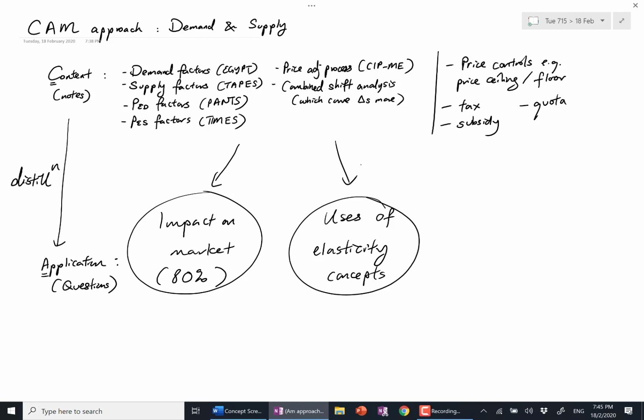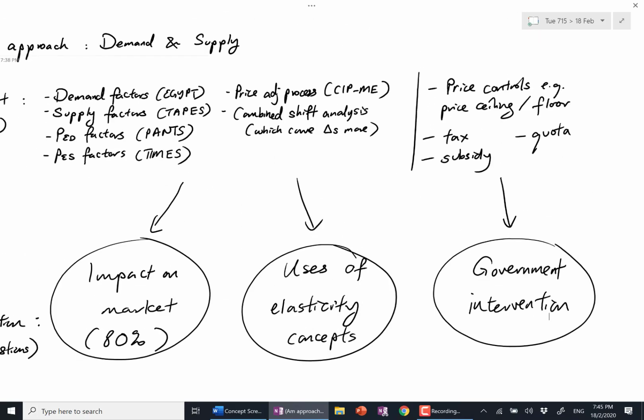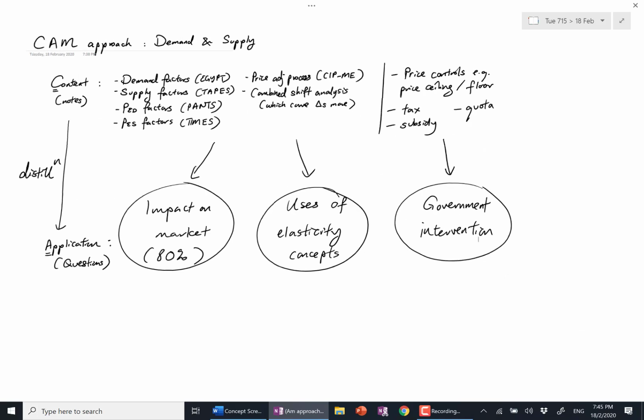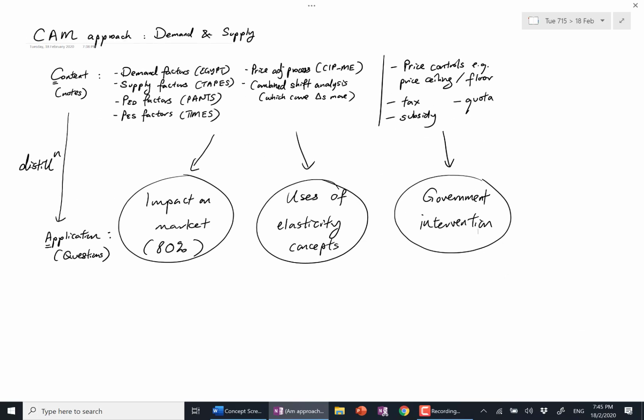And the third one is called government regulation or government intervention. So far, we keep learning about how demand and supply can change on their own, but you might also be interested to know that a government can step in to intervene.